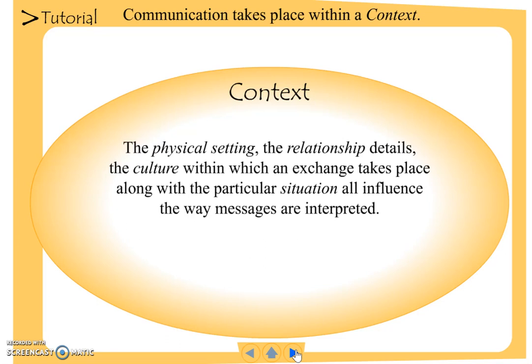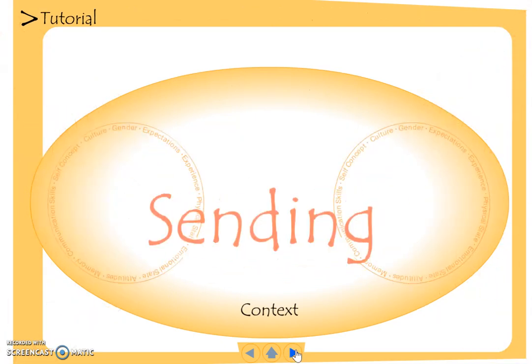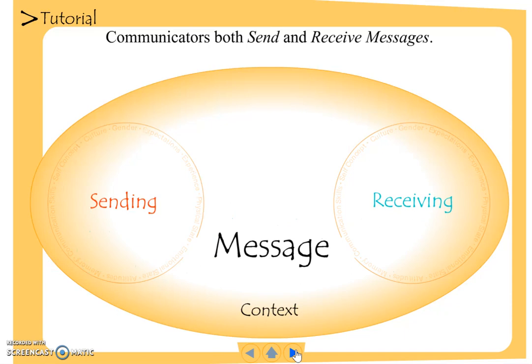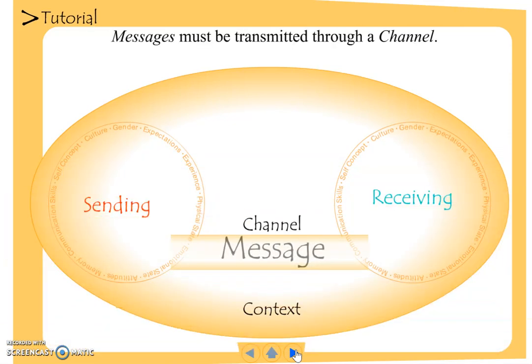So communication takes place in a context. Context is the physical setting, any type of situation that the message is happening in. Now, communicators both send and receive messages, so you have senders and receivers.